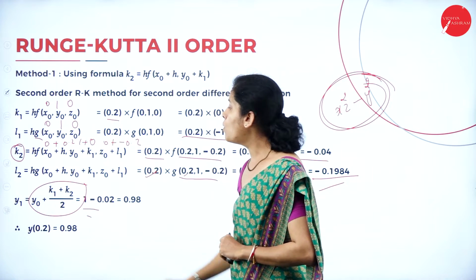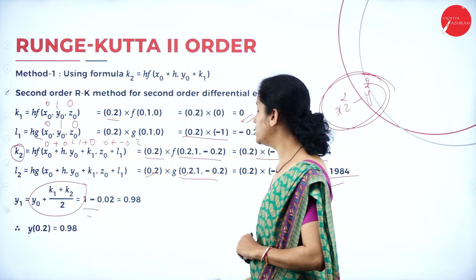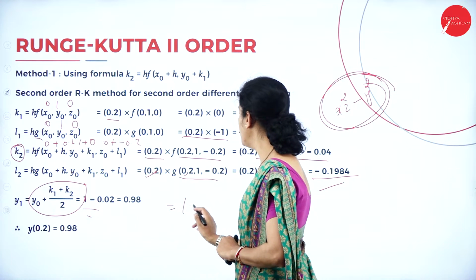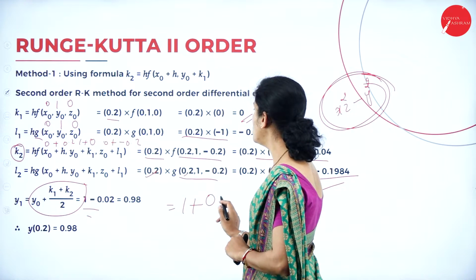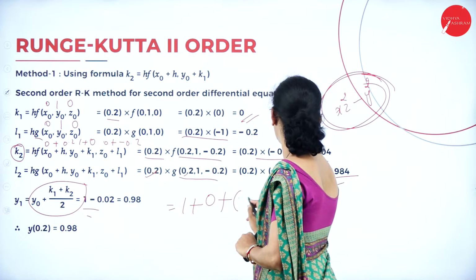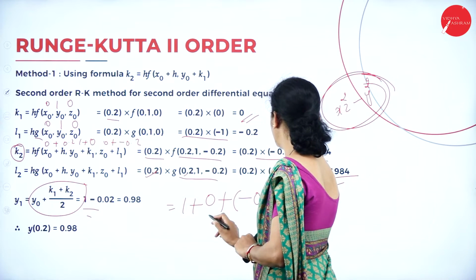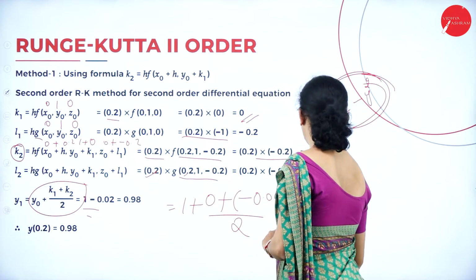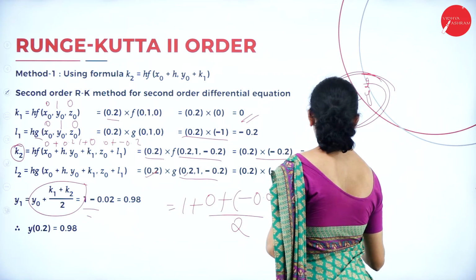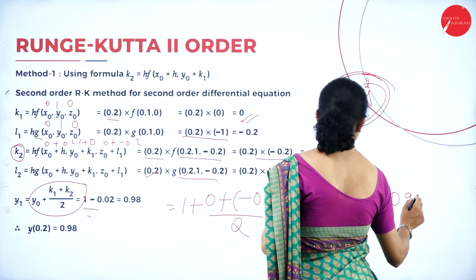And when I substitute all these values in this formula, I'm going to get 1 minus 0.02, in the sense y0 is 1 plus k1 is 0 plus k2 is minus 0.04, divided by 2, that is 1 minus 0.02, which is 0.98.